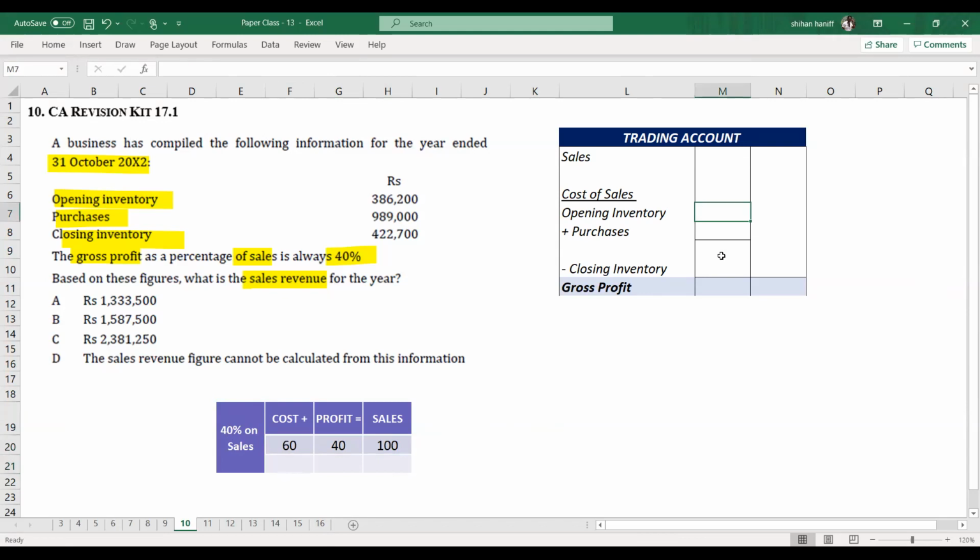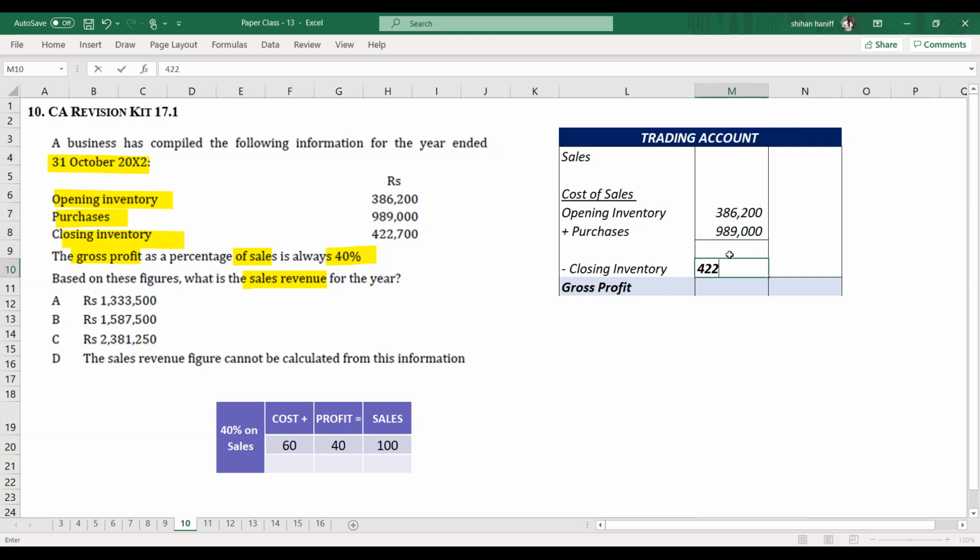Opening inventory 386,200. Purchases 989,000. Closing inventory 422,700.